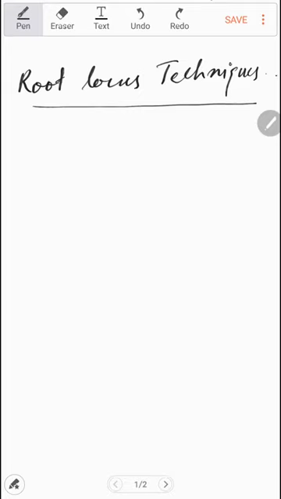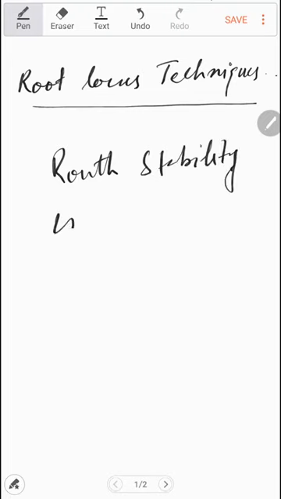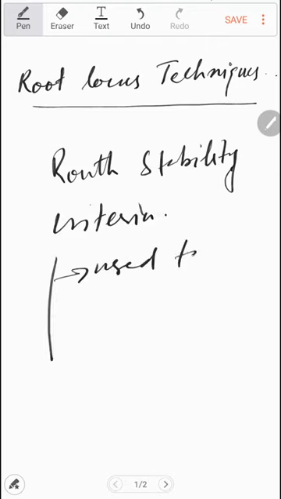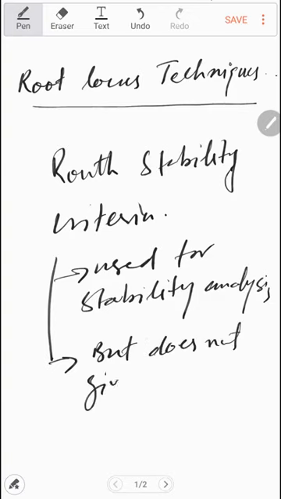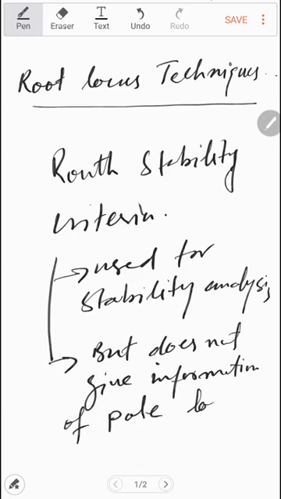But we see that the Routh stability criteria, which was used for stability analysis, does not give information of pole location.